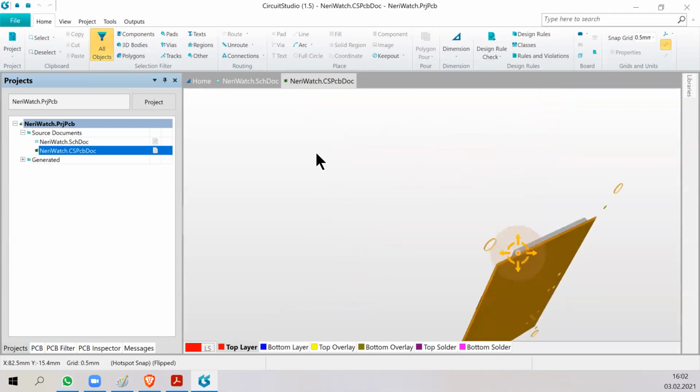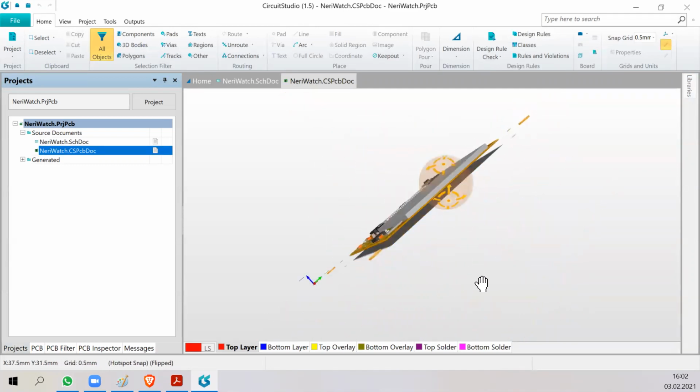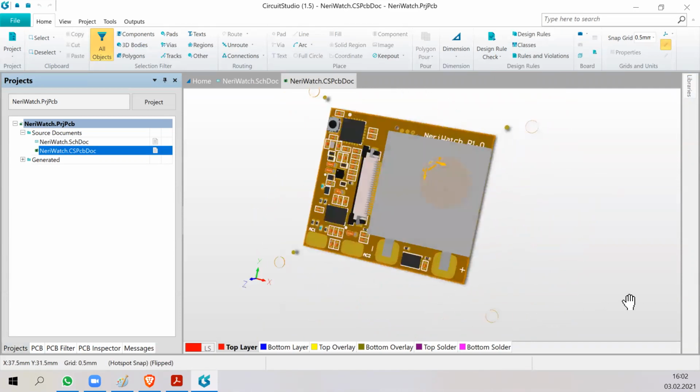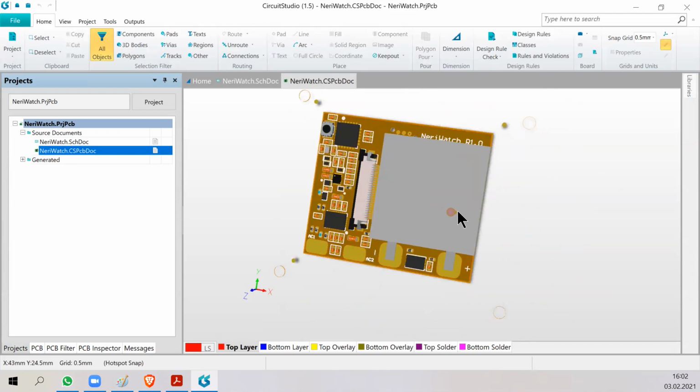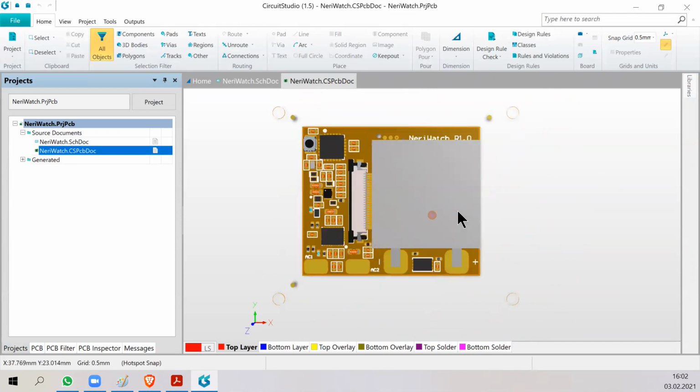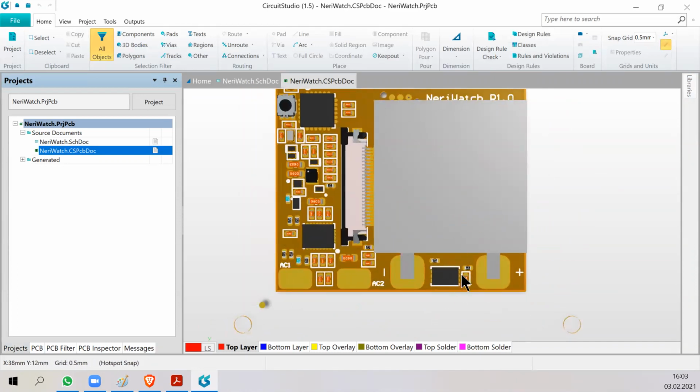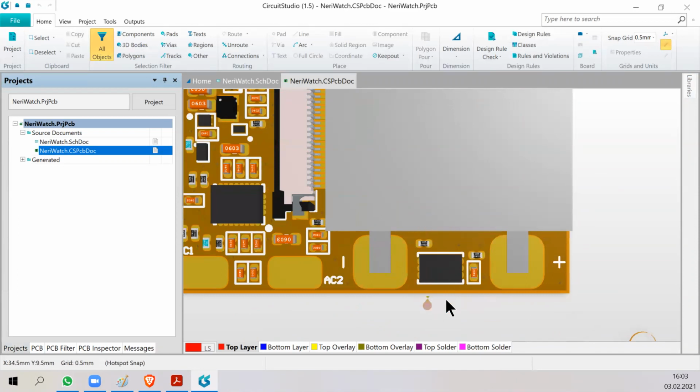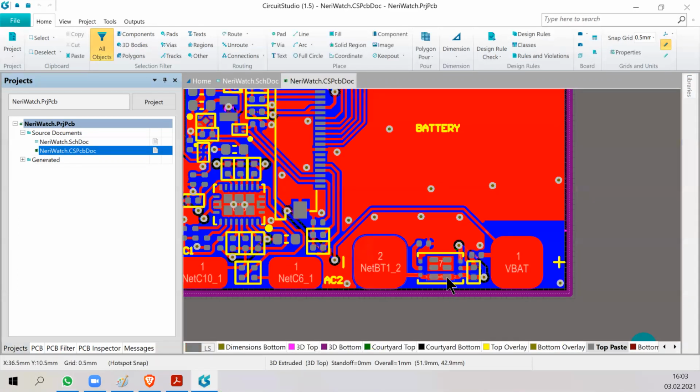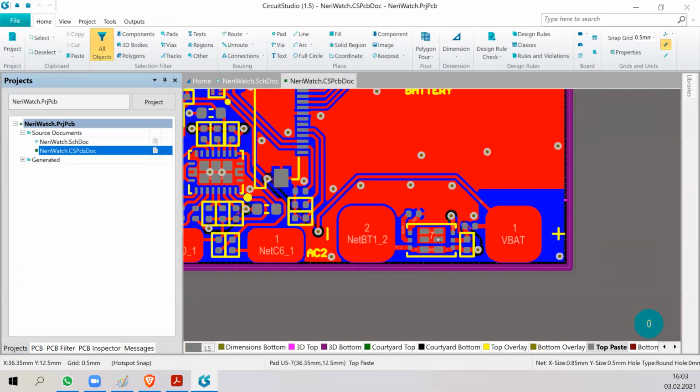But because we needed it to be really thin, the thickness of the entire board and battery was under 3 millimeters. So we couldn't buy it with this huge protection board, and we had to put the protection on the PCB. Here is the protection chip.